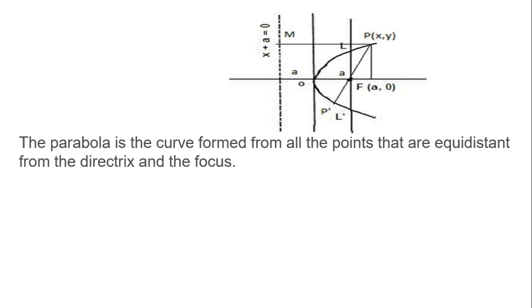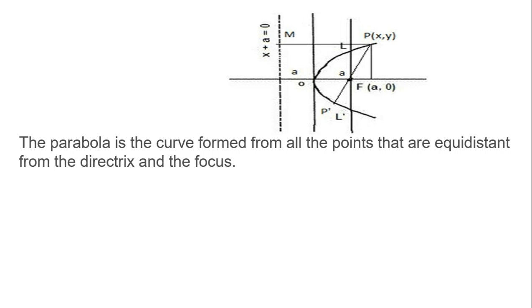And now here one parabola we have. So here we have to define parabola. The parabola is the curve formed from all the points that are equidistant from directrix and the focus. So this straight line is the directrix, and this point is the focus, and this point on the parabola is equidistant, it is equal distance from focus and from directrix.